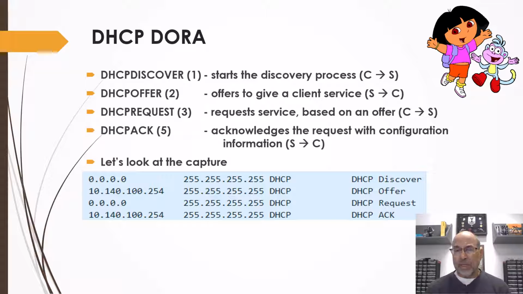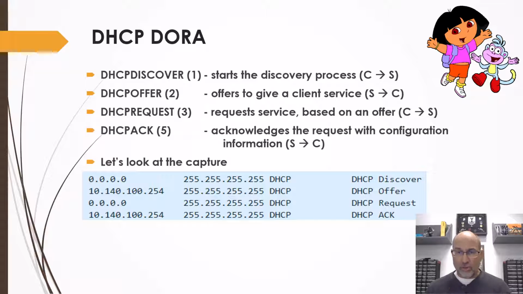The initial address is 0.0.0.0 for all clients, and this is an address that's reserved for this particular process. And the discover goes out to 255.255.255.255. And so this is a broadcast address, but it's a broadcast on this network only, right? Whatever network you're sitting on.